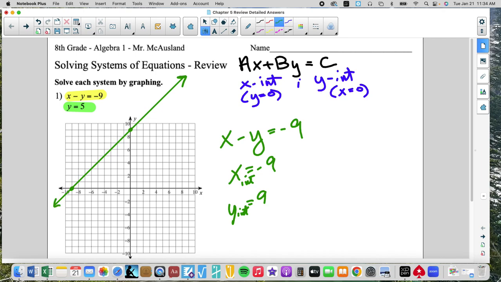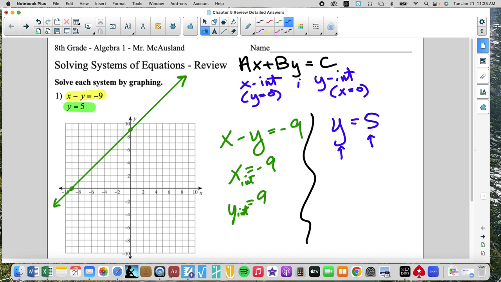We'll take the other equation. Yes, it's in standard form, but do we notice that there's only one variable? When there's only one variable, we know that it's going to be either horizontal or vertical. The trick is that it's going to go through the y-axis at 5.